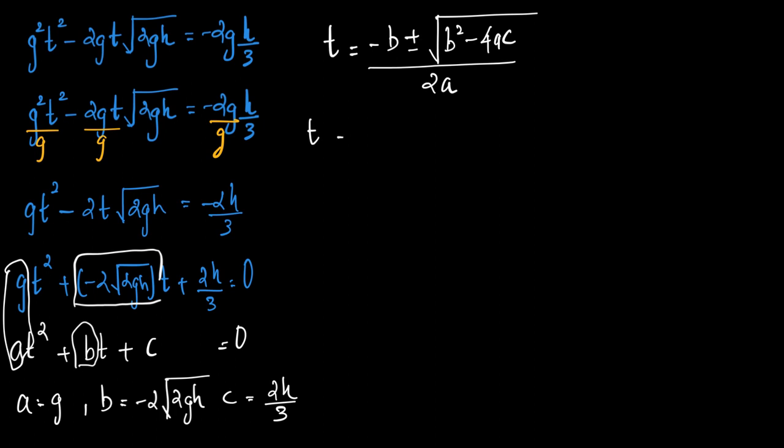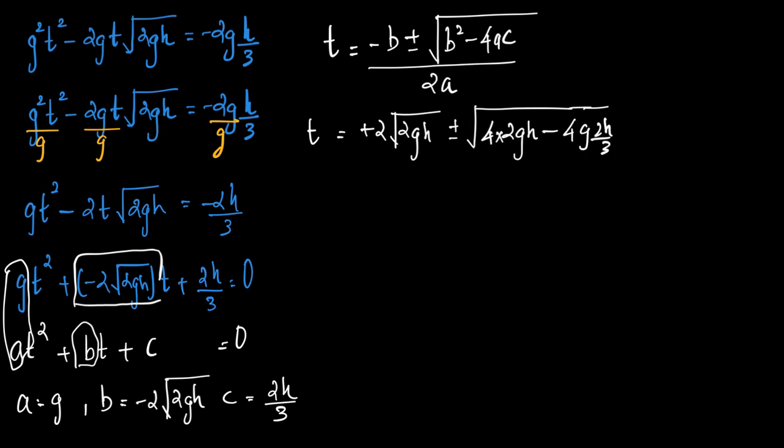So t is equal to minus b, minus into minus, so it is plus 2 root 2gh plus or minus root of b square, which is 2 root 2h whole square, so that is 4 into 2 into gh, minus 4ac, which is 4 into g into 2h by 3, the whole upon 2a. A is g, so this is 2g.